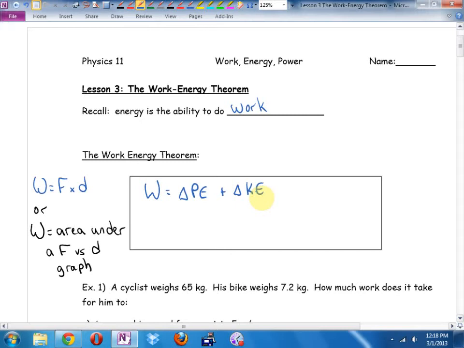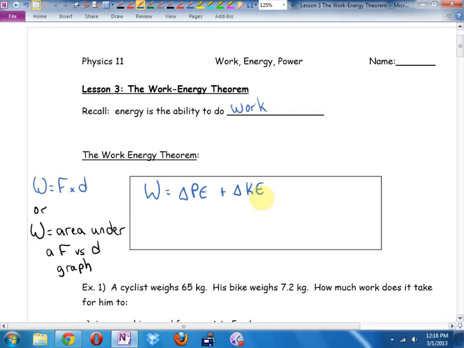Where change in anything is equal to what? Put your pencils down. I am going to ask you all a question: what's change in anything equal to? And all of you are going to say back in a loud, authoritative voice, final minus initial. Worth memorizing. What's change in anything?